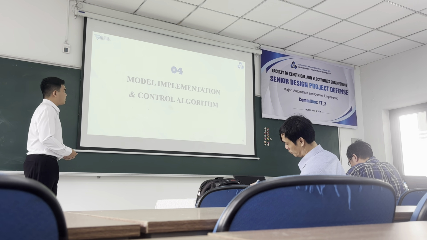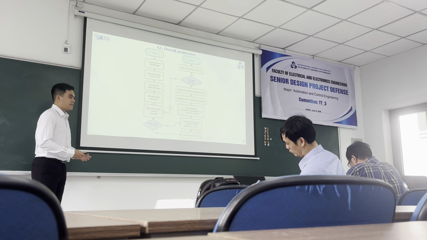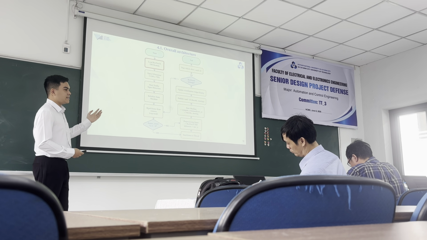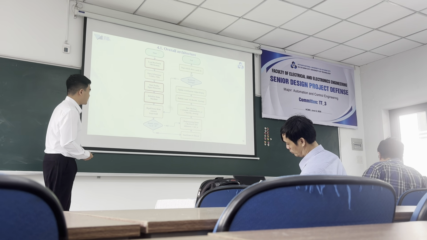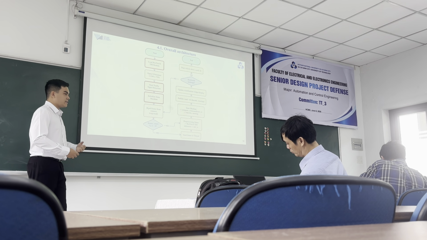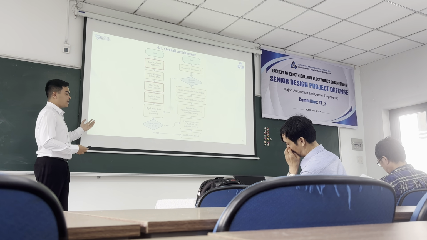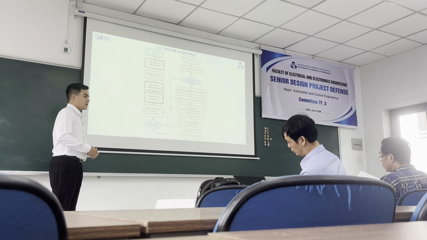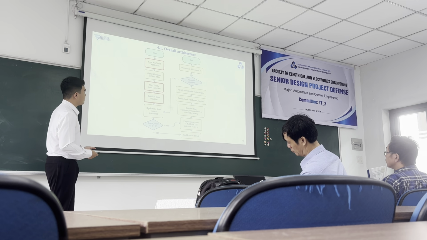And to chapter 4, model implementation and control algorithm. As you can see in this architecture, there are 3 main components: the ResNet 18 model for the lane following task, the YOLO model for traffic sign detection, and the state machine. To balance the workload of the car, at every frame the ResNet 18 lane following model will be called to ensure smooth and continuous steering of the car.